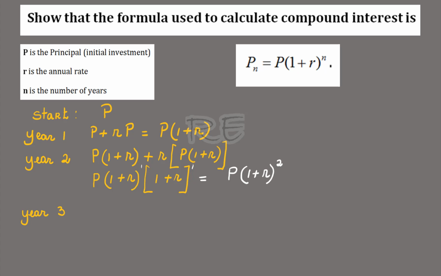Third year, the deposit in the account will be, in the beginning of the third year, P times 1 plus R squared. And the interest will be R times P times 1 plus R squared. Similarly, P times 1 plus R squared is our greatest common factor.